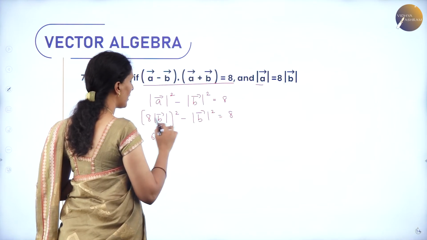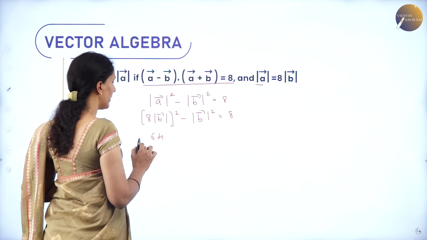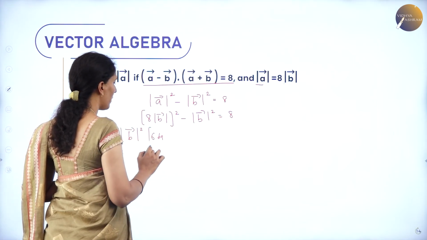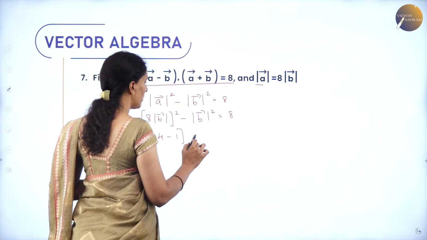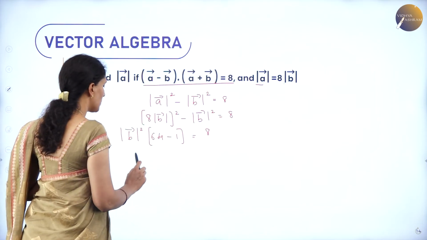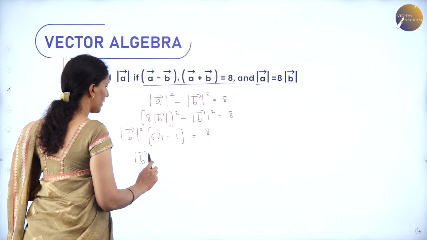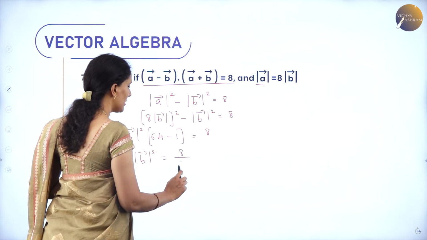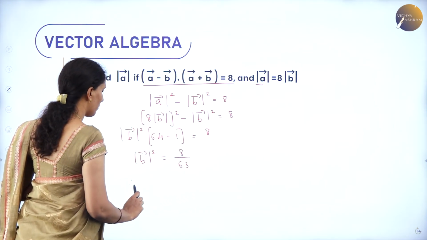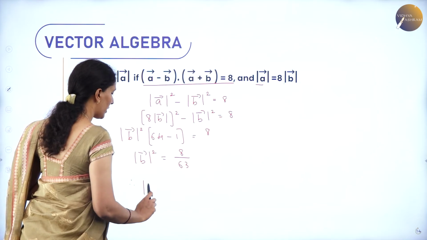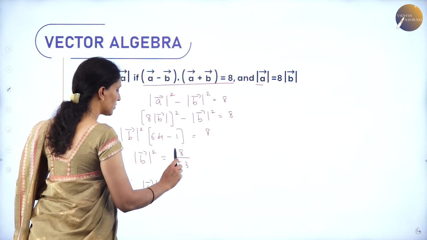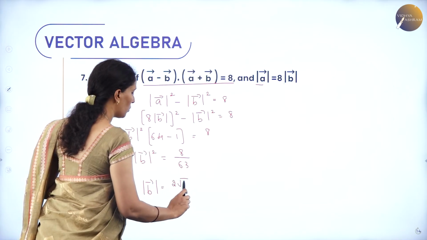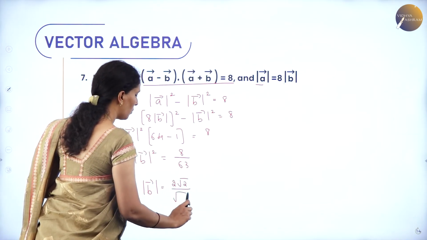If I take magnitude of vector B whole square as common, I'll get 64 minus 1, which is equal to 8. So magnitude of vector B square is equal to 8 divided by 63. So therefore, magnitude of vector B is square root of 8, which can be written as 2 root 2 divided by root 63.